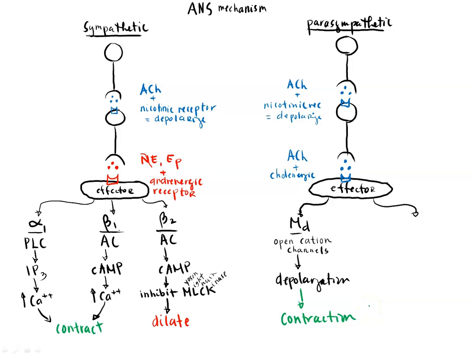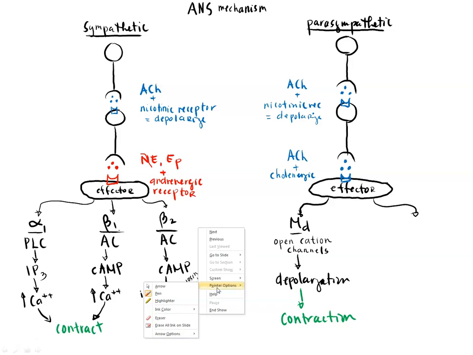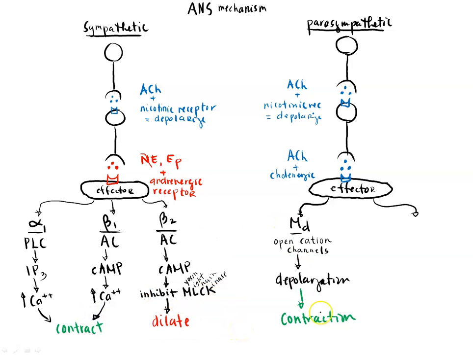Now, change your pen back to black or write in the same color pen is fine. I'm just going to make this arrow black so I can stay with the same format here. What is the other cholinergic receptor subtype that does the opposite of depolarization? M sub H, okay?